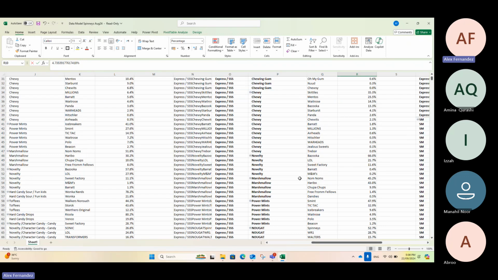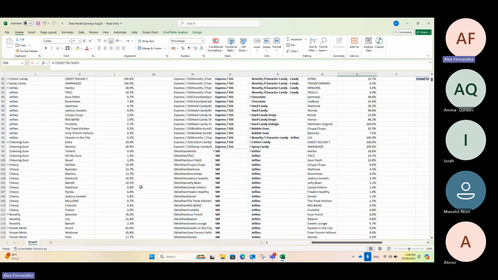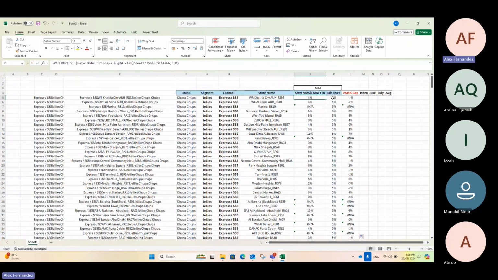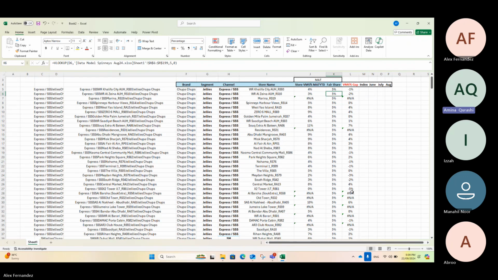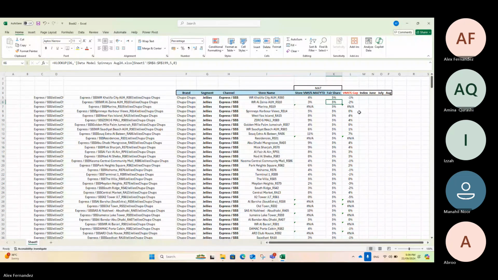In supermarkets, it is around 4.8%. And then I compare it by store. So in the store, it's 4% versus 5%, there's a 1% gap. In this store, it's an express channel. It's 3% versus the express share of 5%, so that's a 2% gap. Is it clear? Okay.